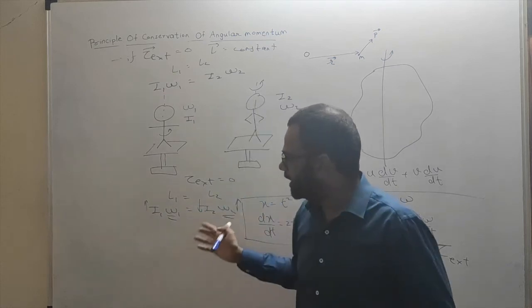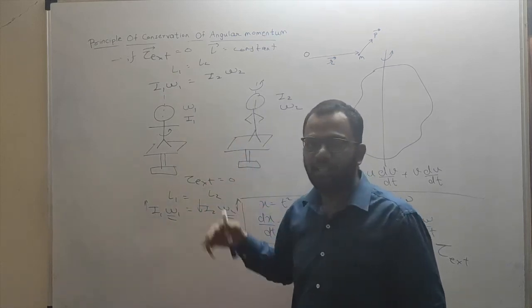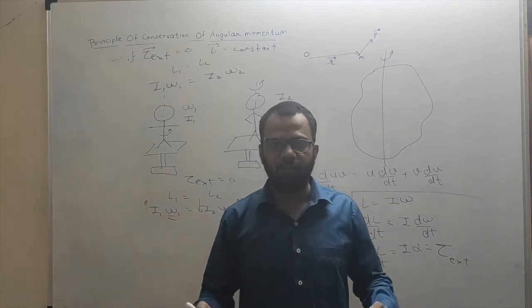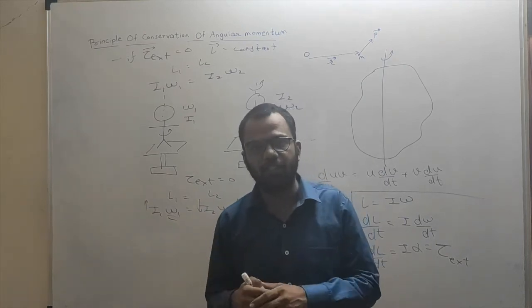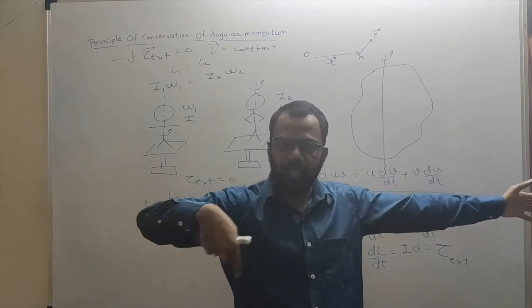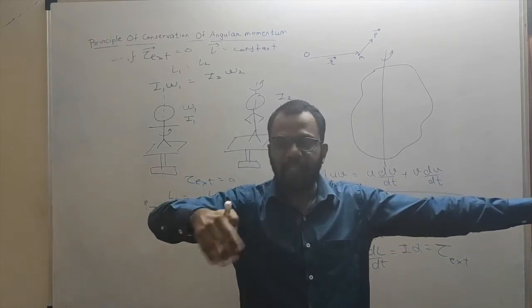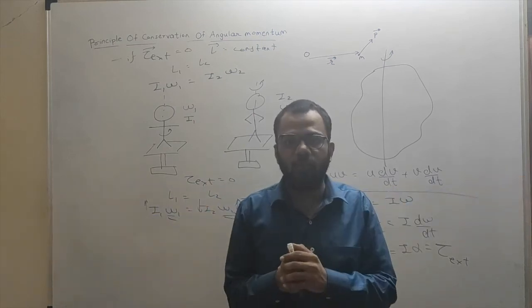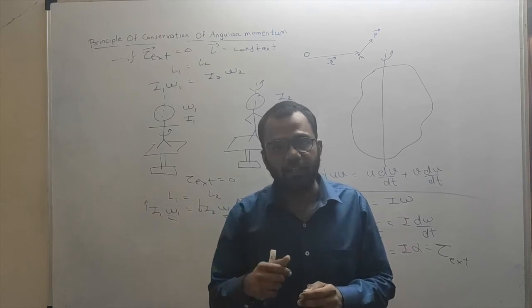Now this is our daily experience. You can check it. Nowadays we have a rotating chair. Ask one of your friends to rotate the chair while you are sitting on it. When you outstretch your hands, the angular velocity of the entire system, including you and the chair, will decrease. And when you bring your arms closer, the angular velocity will increase.